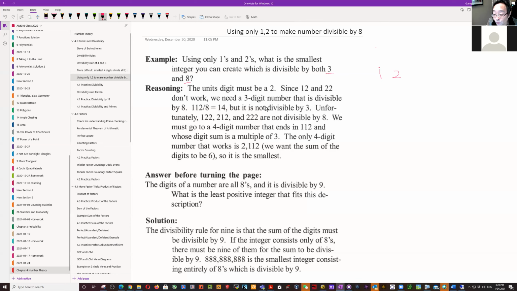Because we only have 1 and 2 on those positions, this is fixed. So we only have 4 possibilities to mess with. Basically, it's 1, 1, 2, 1, 2, 2, and 2, 1, 2, and 2, 2, 2.